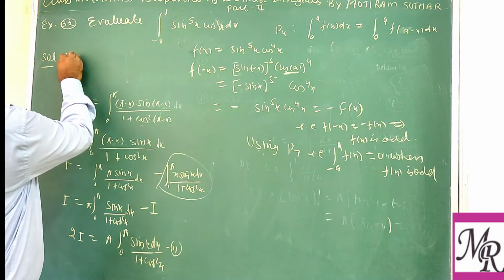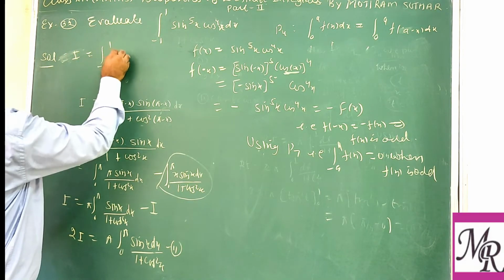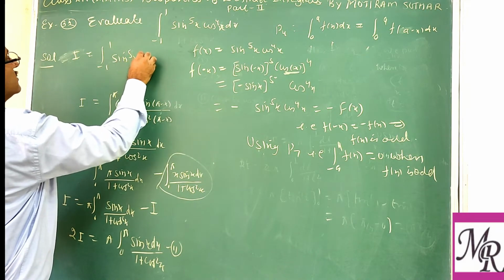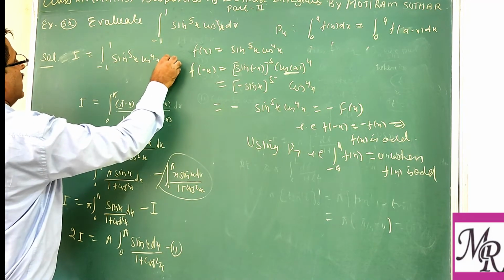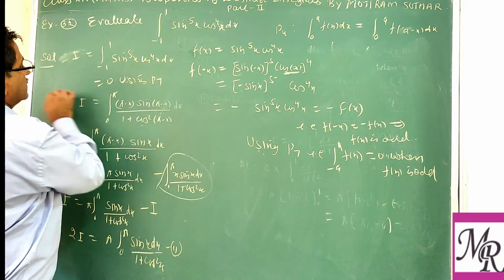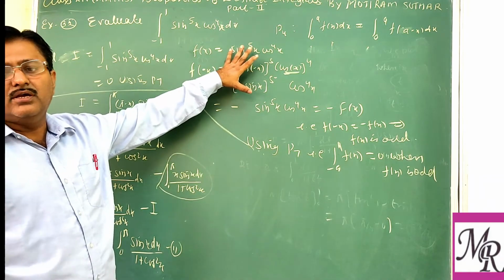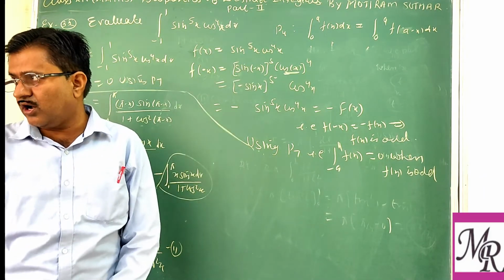So in the solution you write I is equal to the integral from -1 to 1 of sin power 5x cos power 4x dx is equal to 0 using P7. So directly you have to write all these things. You have to always show whether the given function is even or odd.